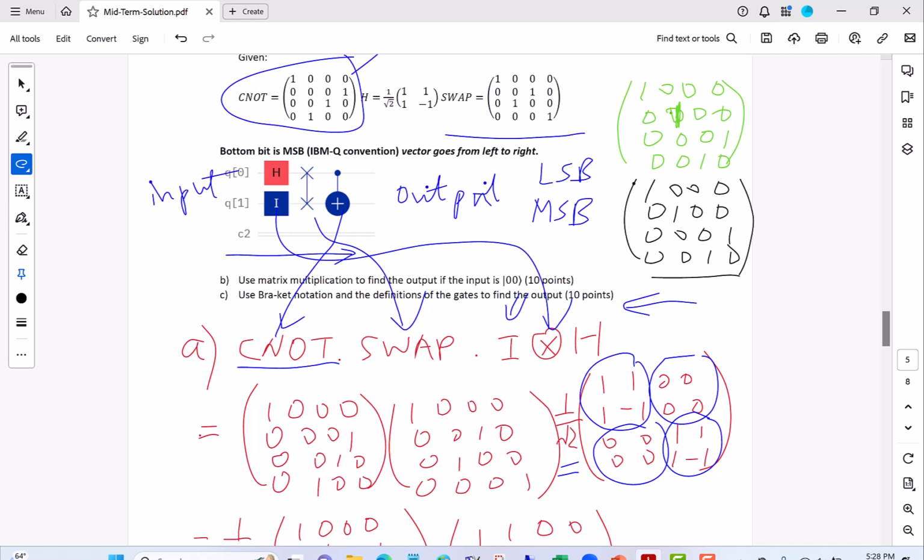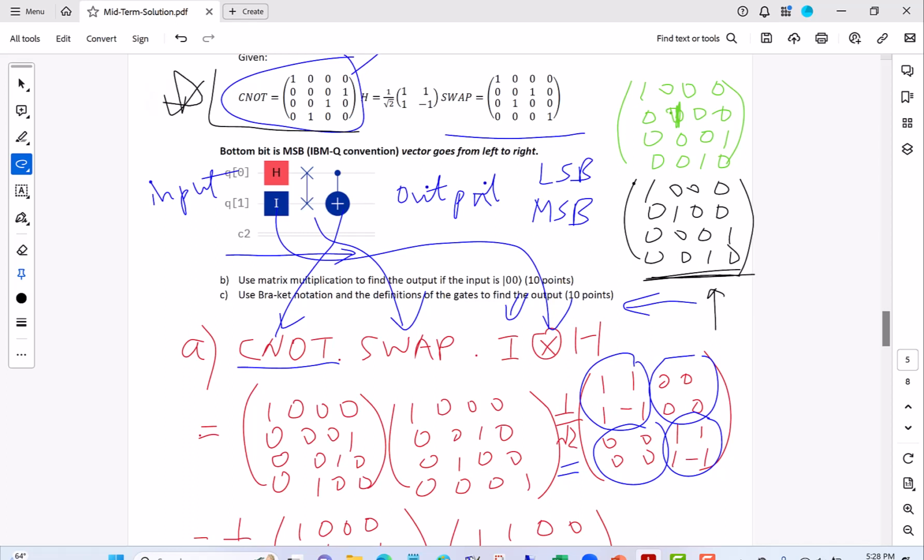Right? Why not this one? What's the difference between the C0 gate I gave you and this one? That is because in this one, the control qubit is the MSB, the one I just wrote.